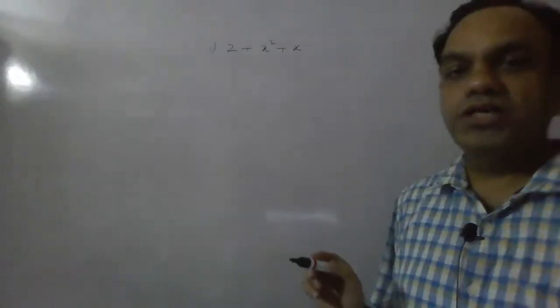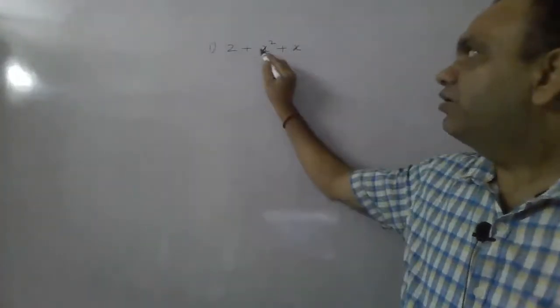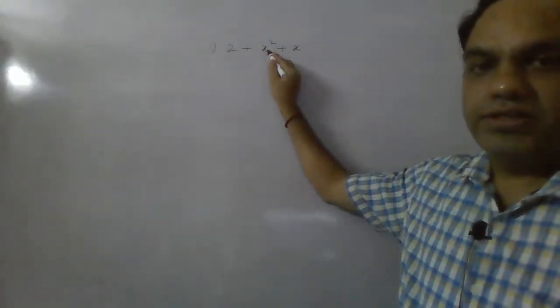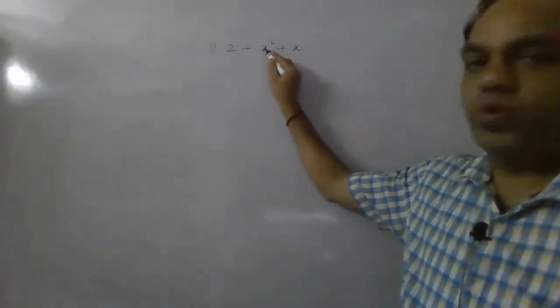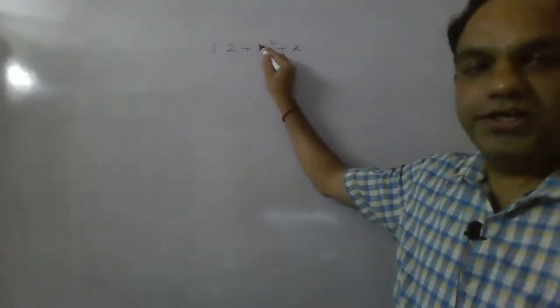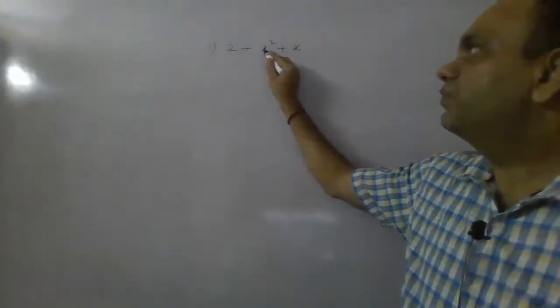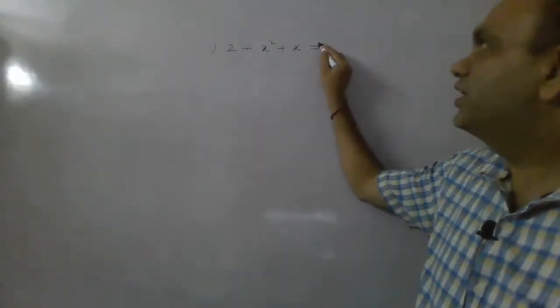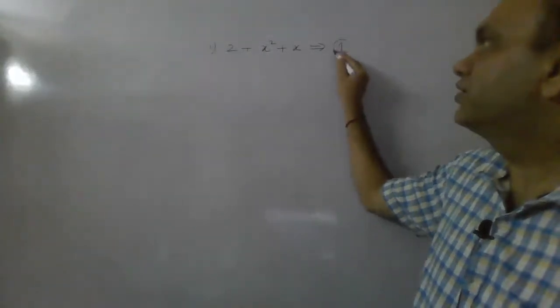I told you what is the coefficient. Any constant which is multiplied with x square, that is the coefficient of x square. Since there is nothing mentioned, by default it is 1. So here we can say 1 into x square. So the coefficient of x square here is 1.